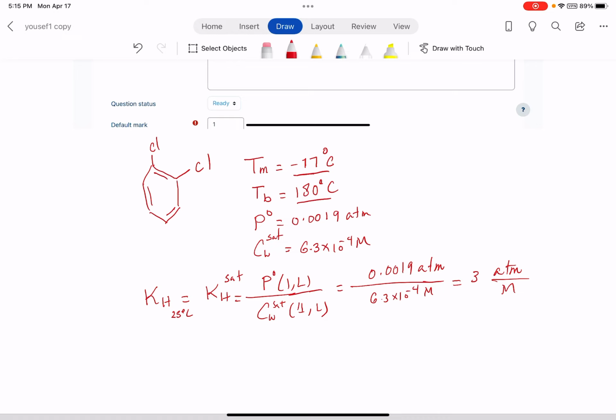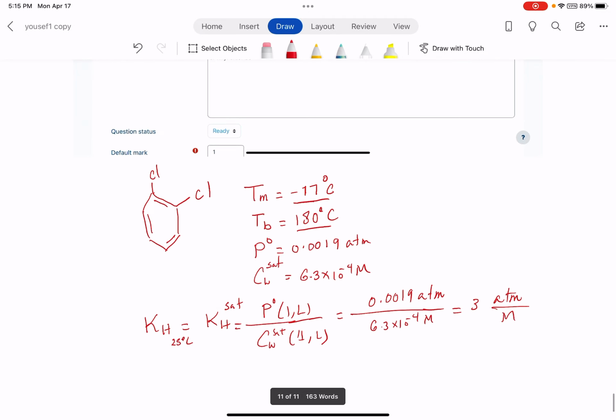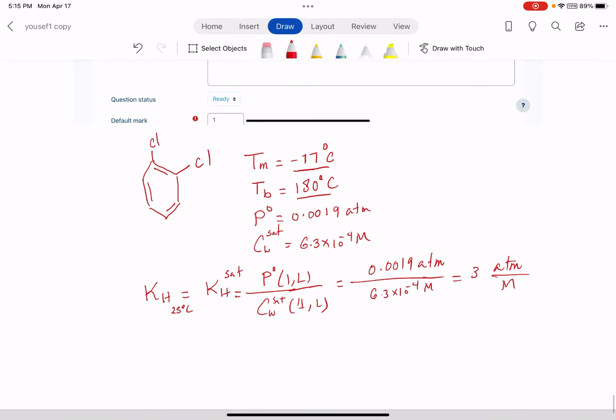Now, he also wants Kh prime, which is the dimensionless one. It's found by dividing Kh sat over RT.